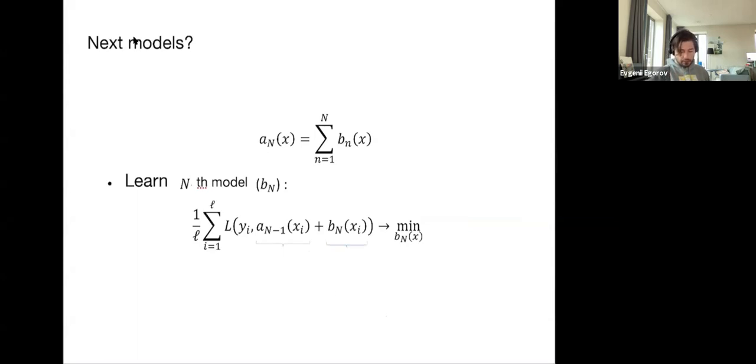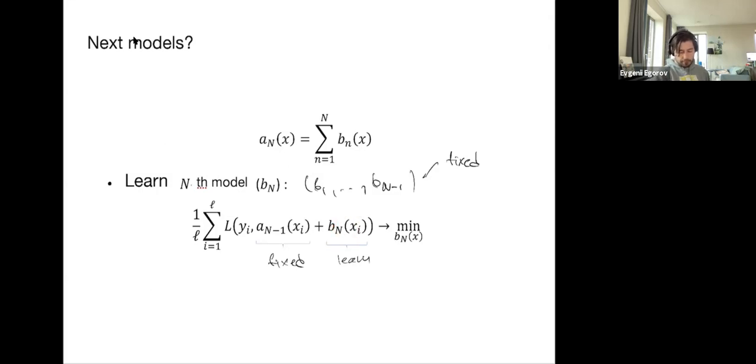Let's say that we already learned B_1 and all up to B_{n-1}. So they are fixed, and that means we don't really care about them. Then we can write the optimization problem for the B_n member. Note that this previous part of the ensemble is fixed, and this part we need to learn. But now it becomes a bit more problematic.